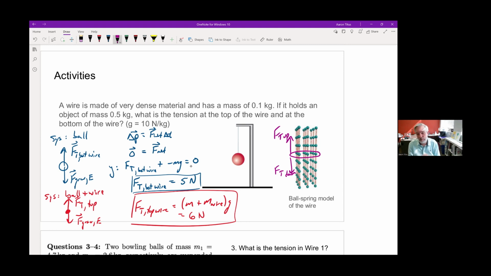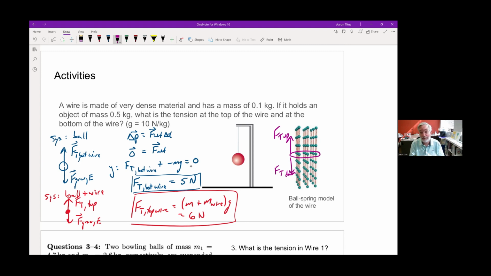And they do use the ball spring model to determine the stiffness of an individual bond in copper, given the stretch of that copper wire. It's a nice exercise for illustrating the usefulness of a physical model.